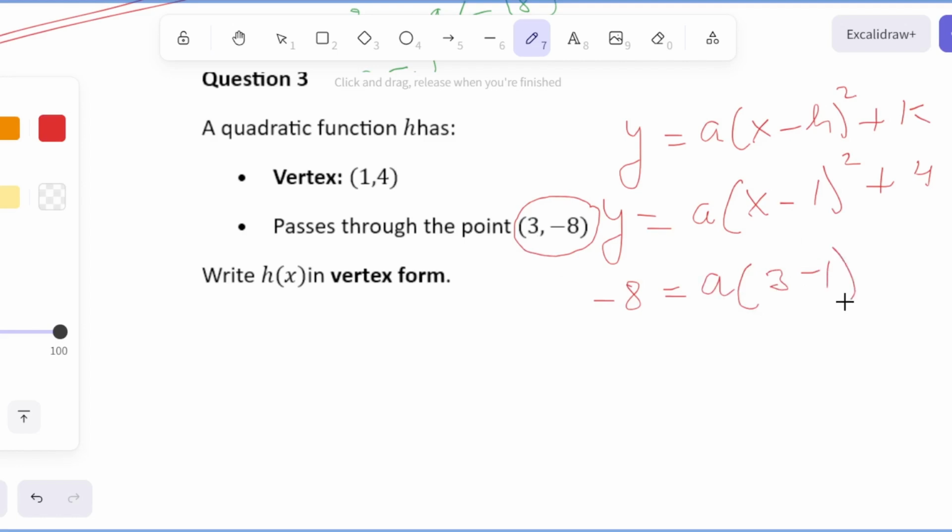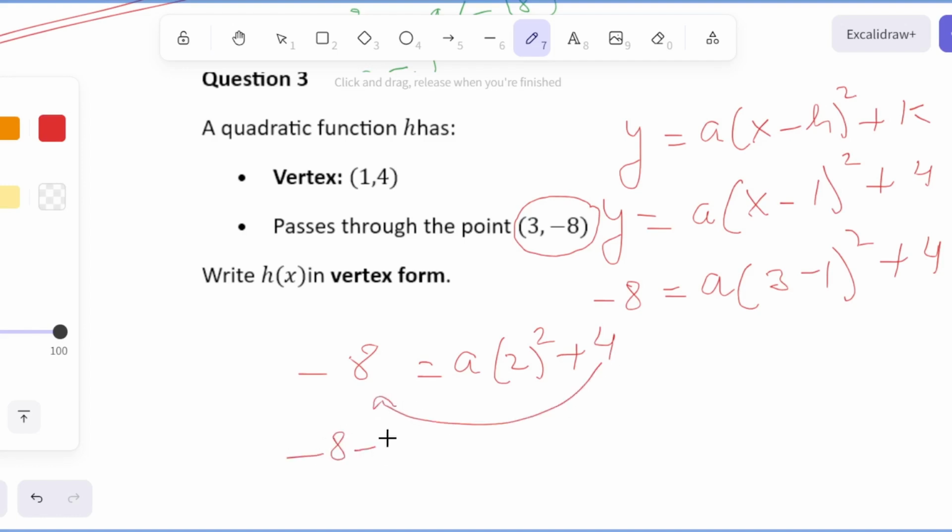So 3 minus 1 square plus 4. Let's solve it. -8 equal to a times 3 minus 1 is 2, 2 square plus 4, and take 4 to this side. So this is -8 minus 4, and this becomes 2 square as 4, and 4 into a is 4a, right? That implies -4a equal to -12, and that means a equal to -12 upon 4, and that is -3.